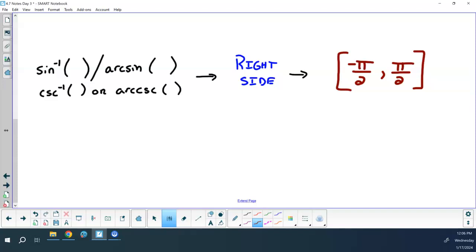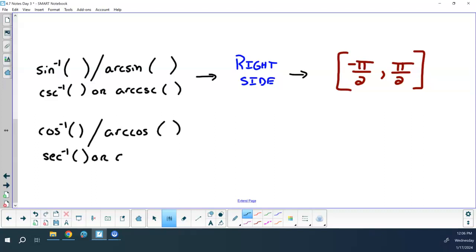Then we moved on to inverse cosine, which is also really inverse secant or arcsecant. Where do we look for those on the unit circle? Top half.